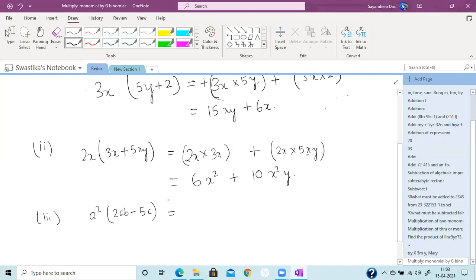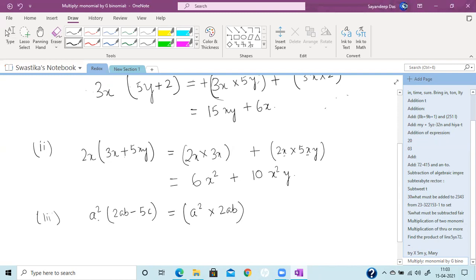Again, if we are applying the distributive law, then you see here a square into 2ab, and this whole term has a positive sign. Why? Because a square is positive and 2ab is also positive. So positive into positive, plus into plus is plus. Therefore, this term is plus. A square into 2ab is plus.